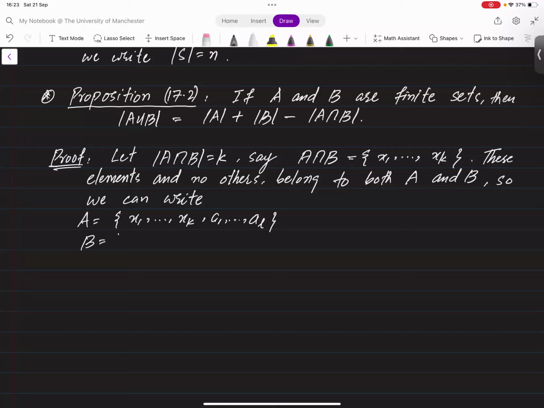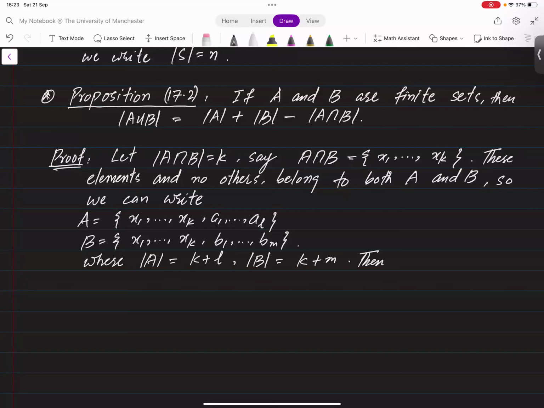Similarly, B has all of these and some other b1 to bL, or you can change the notation to bM, where order of A is k plus L and order of B is k plus M.